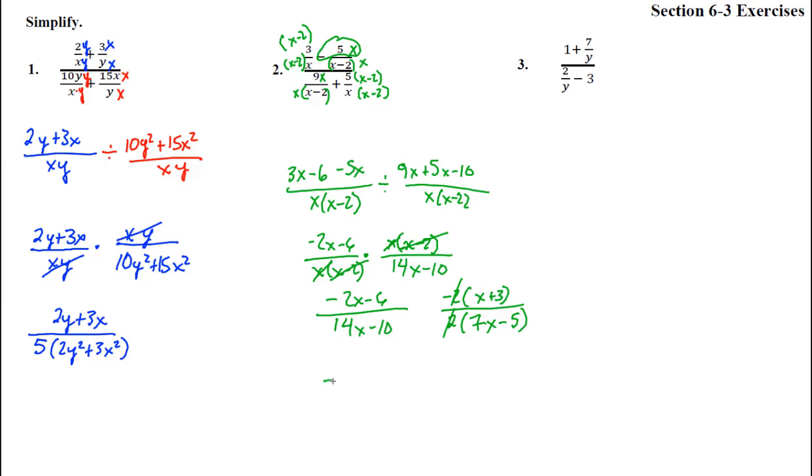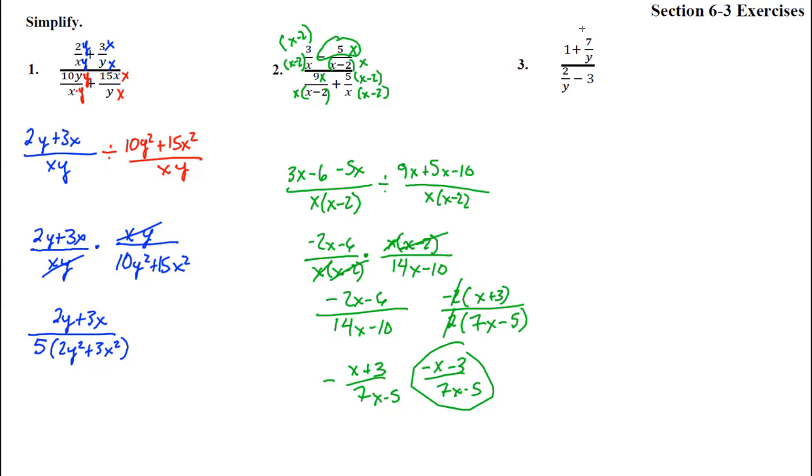So we could write this as negative x plus 3 over 7x minus 5. Or we could actually take that negative sign and jump it into the top and have a negative x minus 3 over 7x minus 5. Excellent. All right, last one.